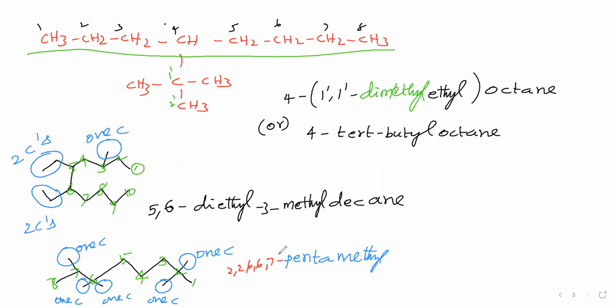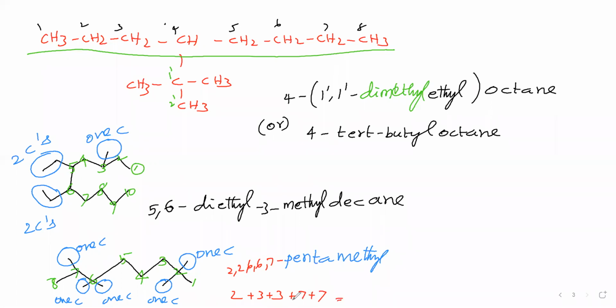If we give numbering in another way, let us see how it will come. It is 1, it is 2. Here 3, 3. Then 4, 5, 6. Here 7, 7, and 8. Now we will see the sum of the locants. Here we get 22 as the sum of the locants.